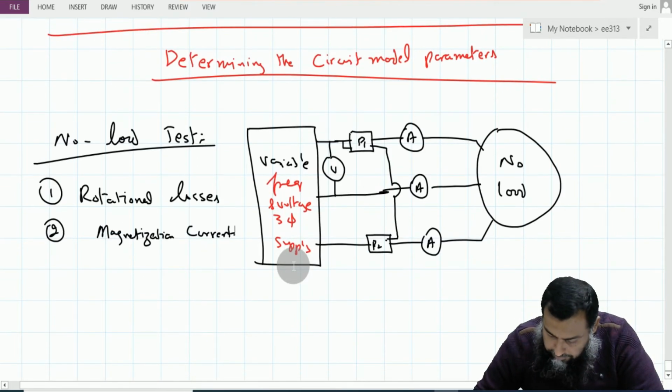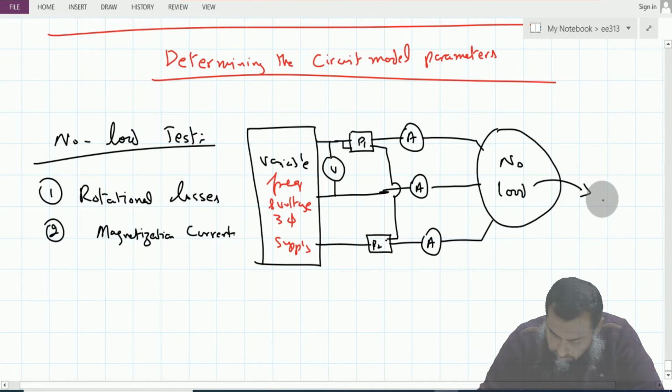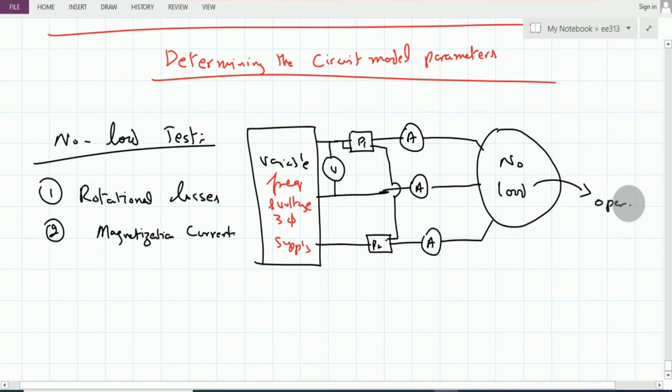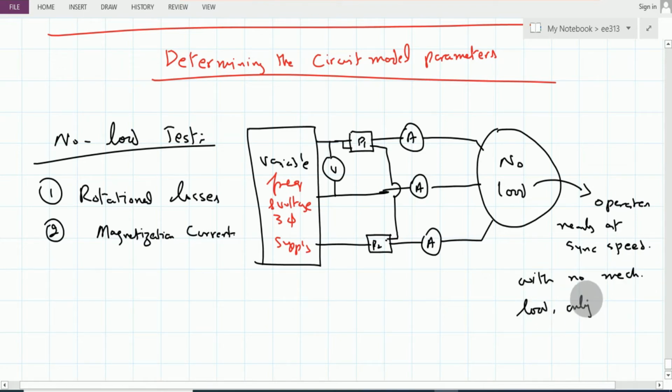Because this motor is at no load, the motor operates nearly at the synchronous speed with no mechanical load. Only P_F&W, the friction and windage losses, are present.